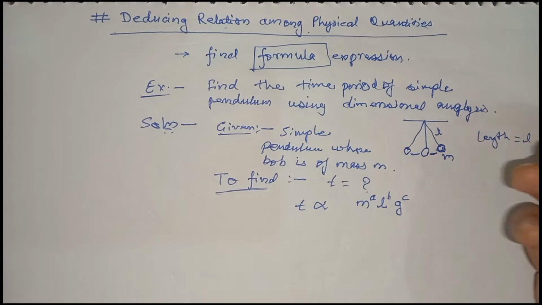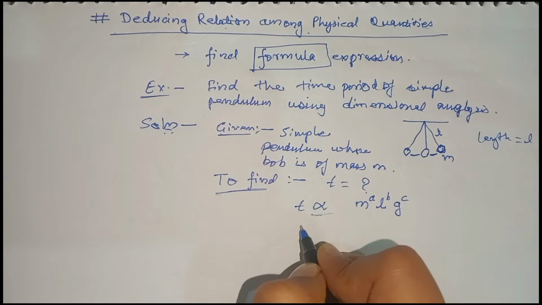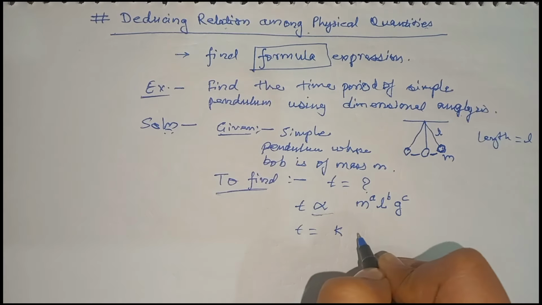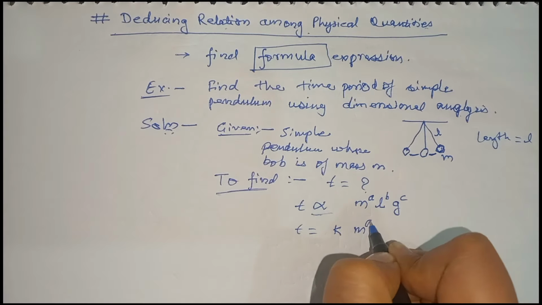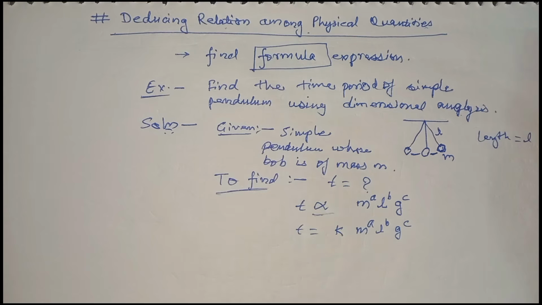To equate any proportionality, we simply put a constant k. So T will be equal to k into m to the power a, l to the power b, g to the power c. And now comes the concept of dimensions.